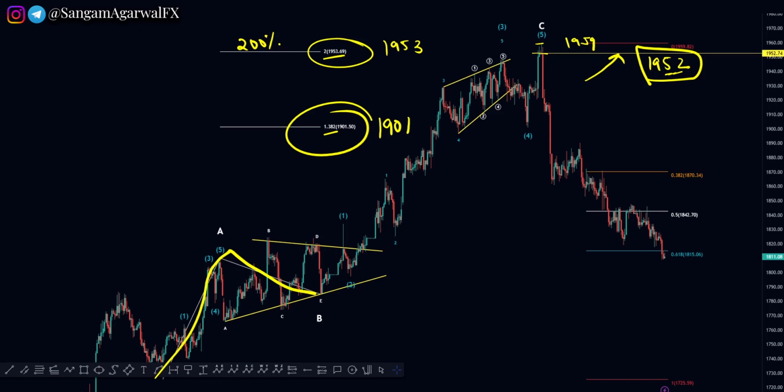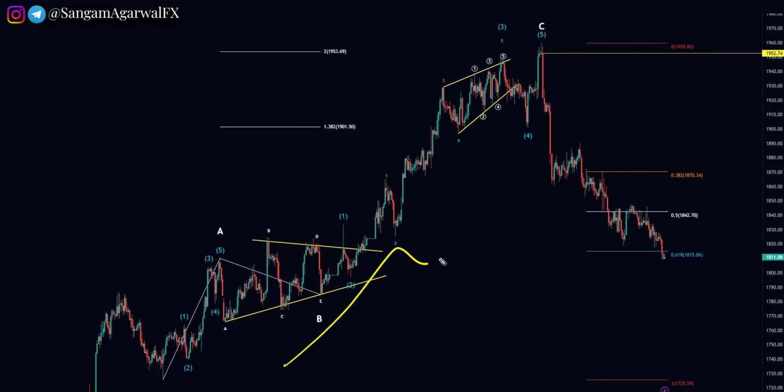There is not a big difference, but your top was near 1953, and you got that top in advance when price was trading on final wave E. From this low to high, there was so much price action and so much time, but you got everything in advance.